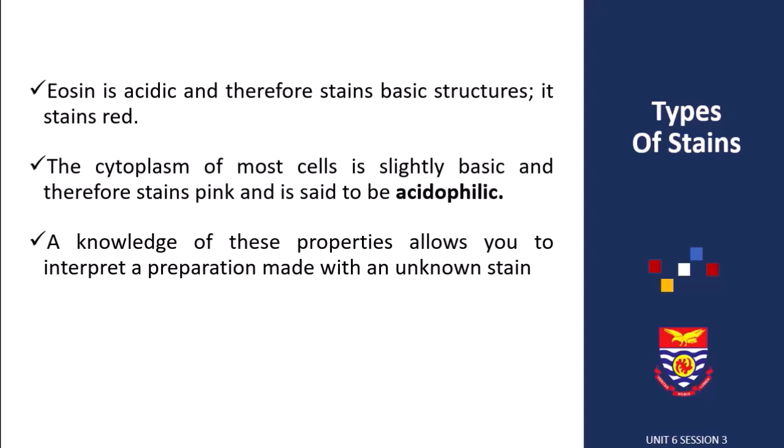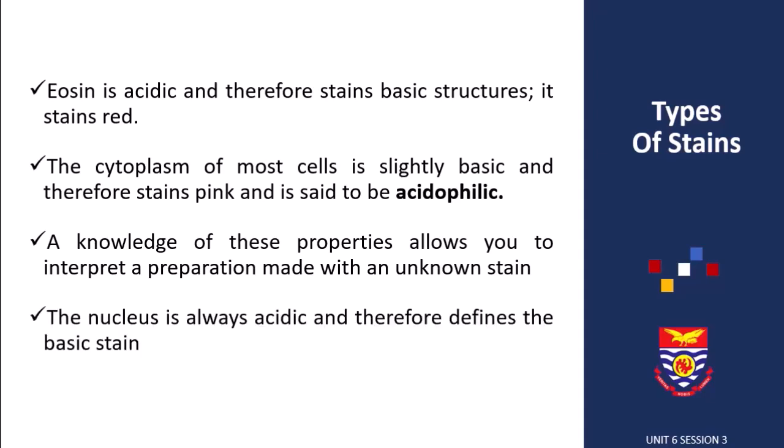A knowledge of these properties of the stain type used will allow you to interpret a preparation made with an unknown stain. And so the nucleus is always acidic and therefore defines the basic stain.